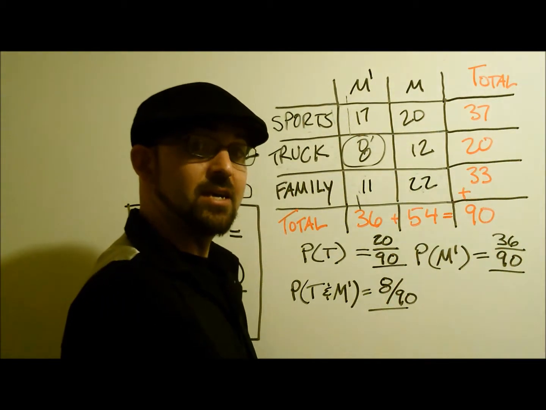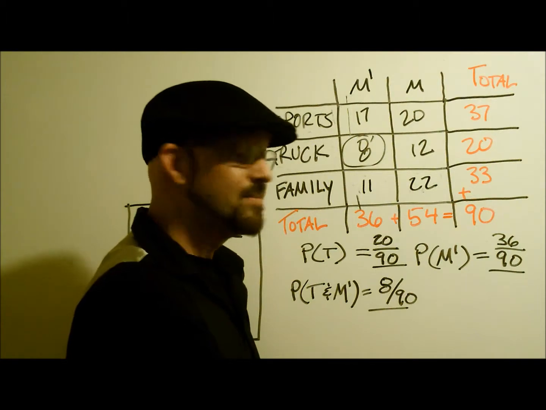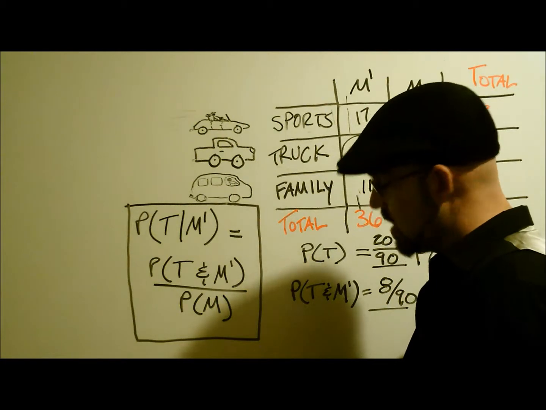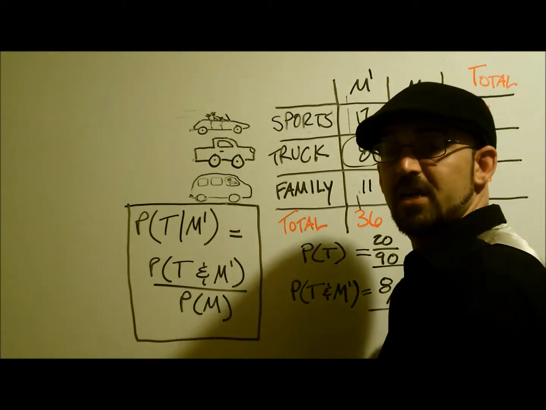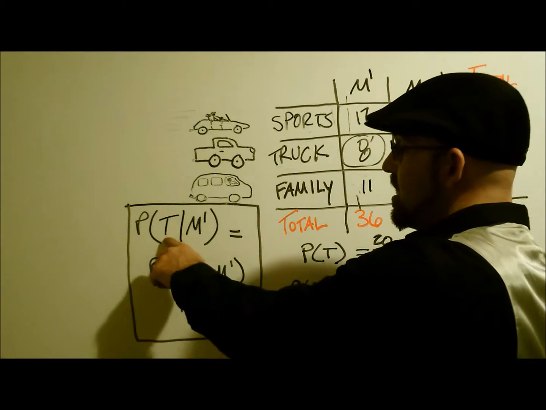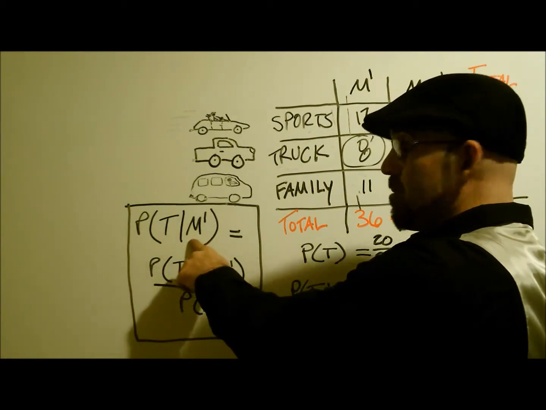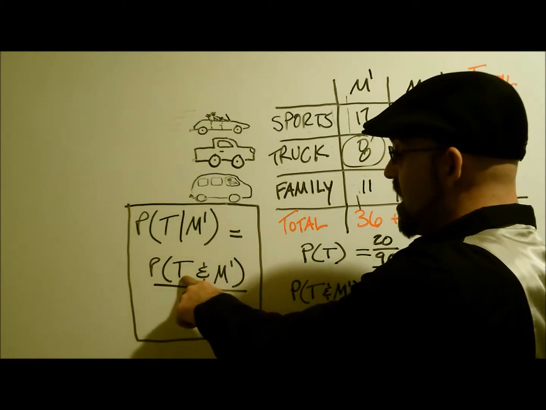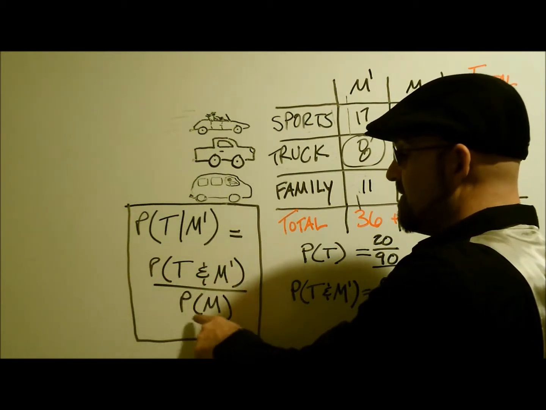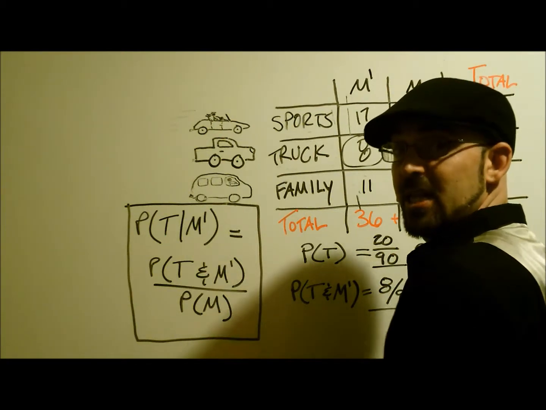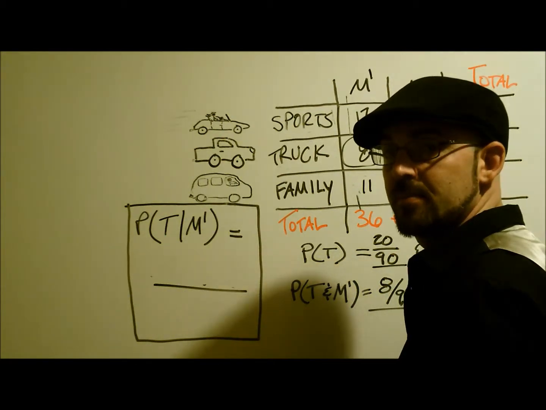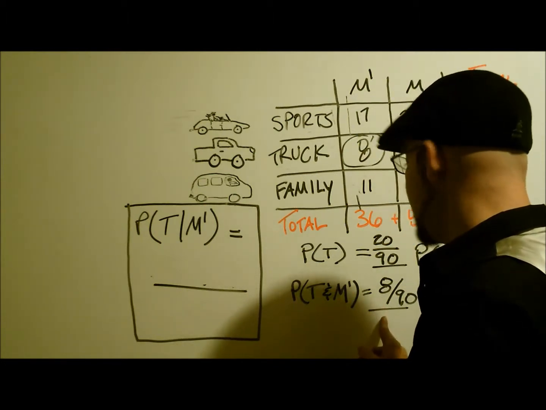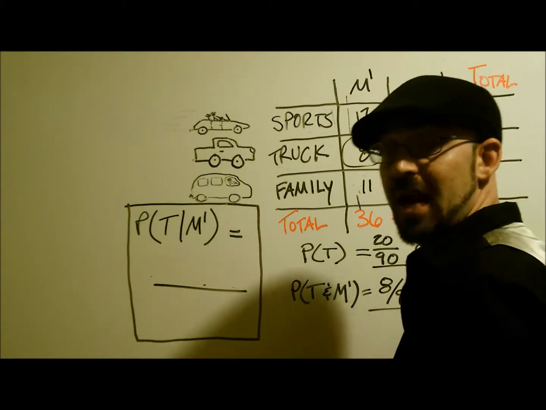Let's go find out what that condition is. The conditional probability states that truck, given that we know that the person's not married, is the probability of the truck and not being married divided by not being married. Let's see if that works. We know that a truck and not being married is 8 over 90.